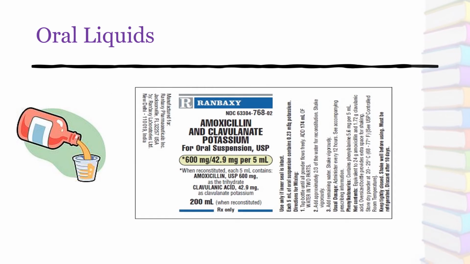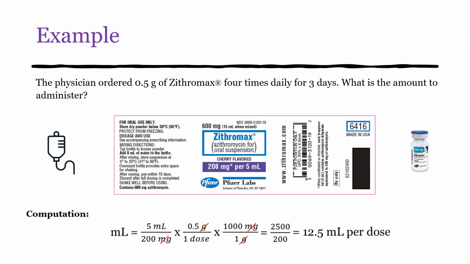Oral liquids. The label presented also shows the name, dose, reconstitution, and directions when using. For example, the physician ordered 0.5 grams of Zithromax 4 times daily for 3 days. What is the amount to administer?